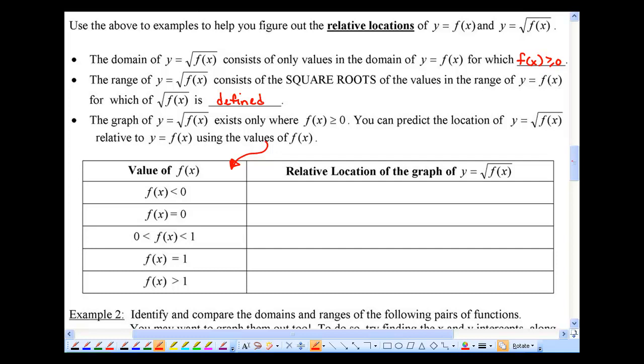What I'm going to ask you to do is, based on where the original y values are, can you predict what the relative location of the square root function will be? Well, our first line here says that the y values are less than 0. They're negative. Well, the square root of a negative number is undefined. So in this case, of course, the graph of the square root is undefined. Or what I said before, no point.